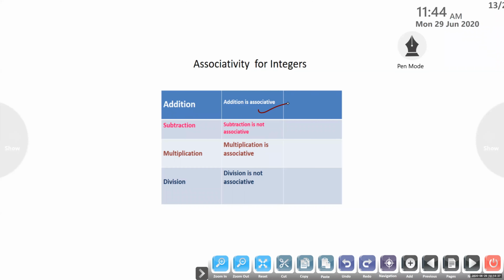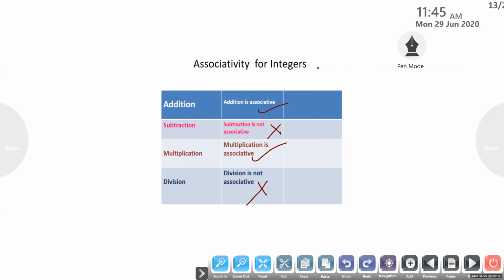Addition is associative, multiplication also associative, and subtraction and division are not associative. So for integers also those same examples we can use, and we can find that addition and multiplication are associative, subtraction and division are not associative.